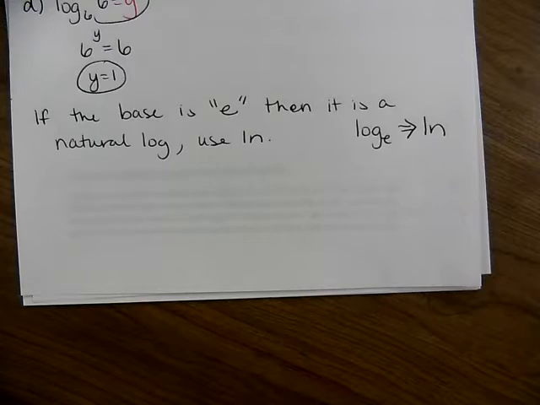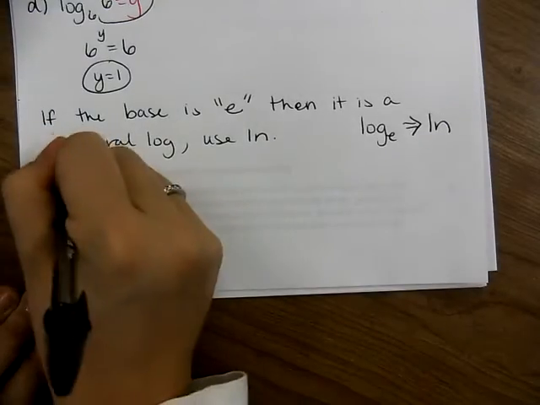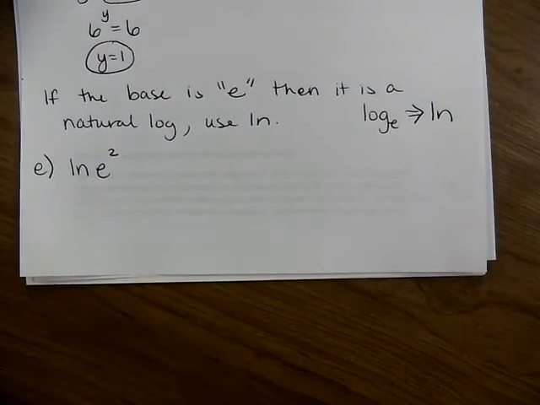All right, so we're going to do the same thing. We're going to solve without the calculator, but now we're going to do it with natural log. So let's say that I had the natural log of e squared. Now some of you will see this shortcut very easily. For me, I don't know what it is about natural log, but sometimes it makes me a little nervous and it kind of trips me up. So what I always do is I change natural log to log base e because I understand it better that way.